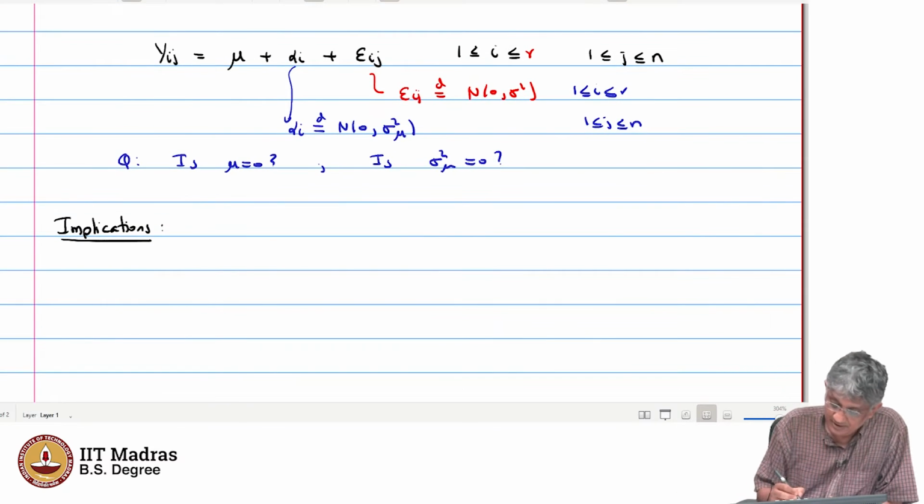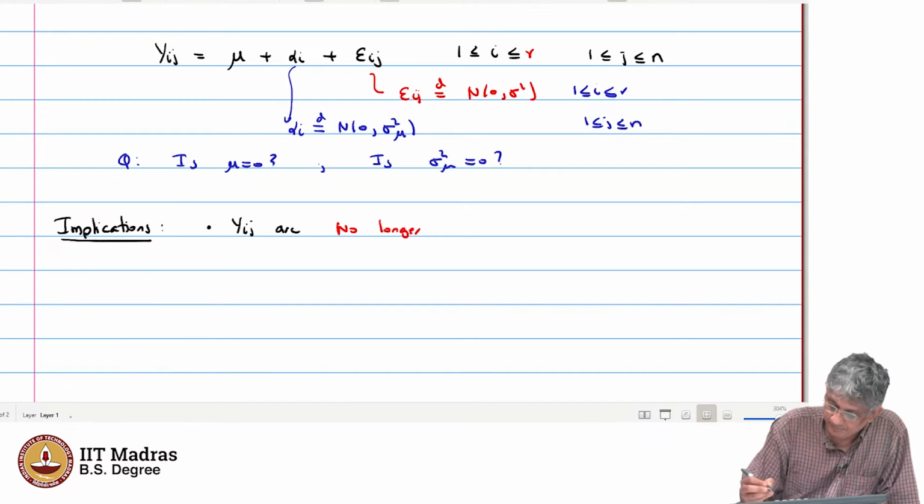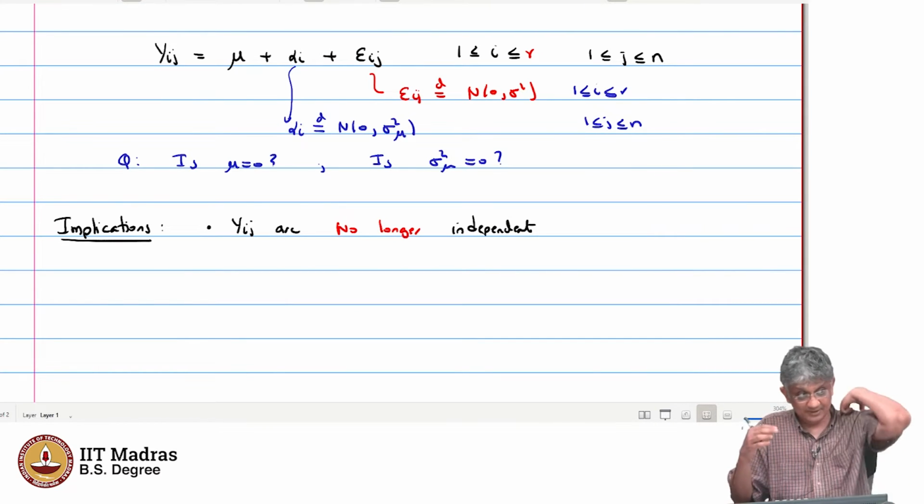The way I've set it up, the first thing you observe is that our Yij's are no longer independent, because of the dependency in alpha.